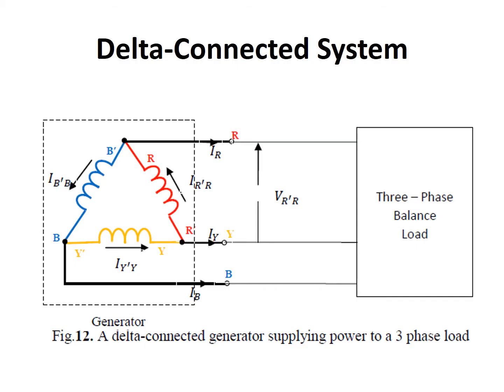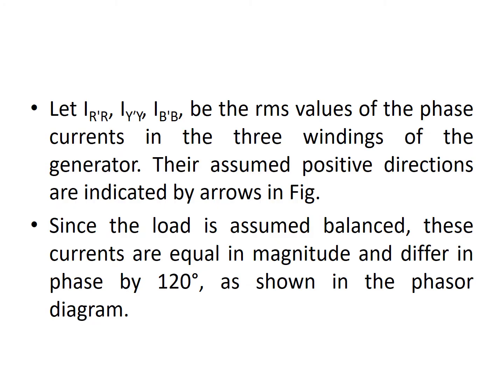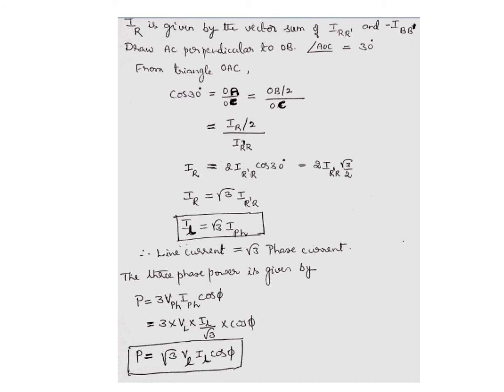In the delta connected system, you can observe the voltage VR dash R: the line voltage is equal to the phase voltage, but the currents are not the same. From the phasor diagram, this is the current equation: IL is equal to root 3 times IPH, the phase current.